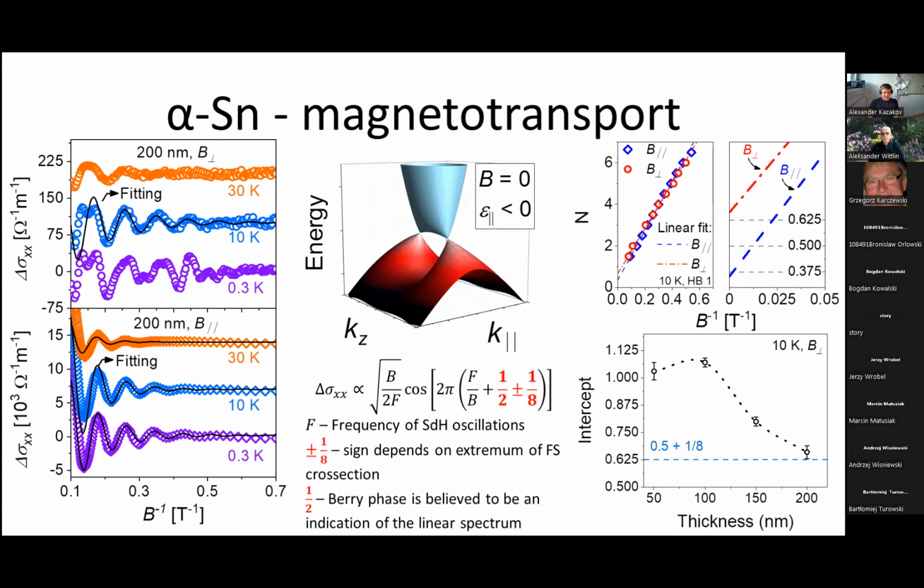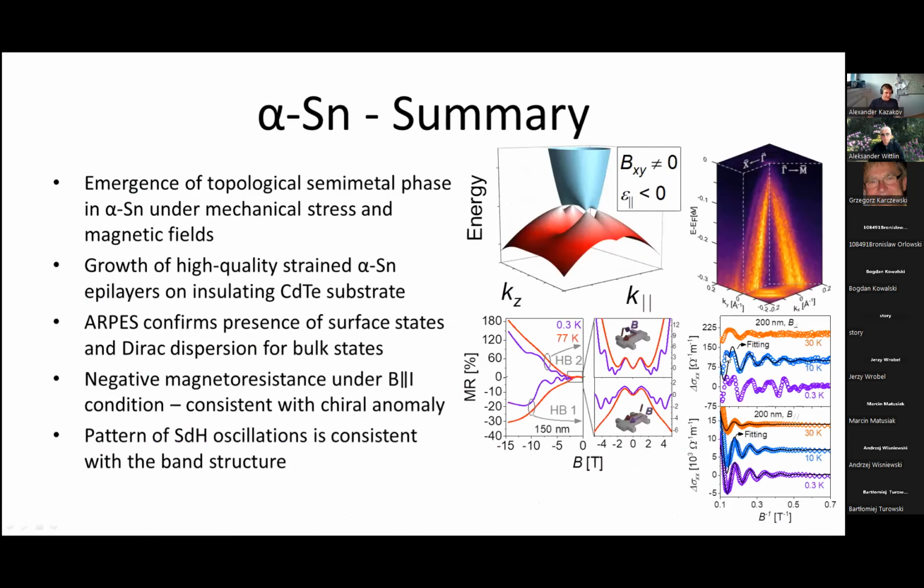The only thing we do not quite understand is that the Berry phase, this 0.5 phase shift, depends on the thickness, changing from no phase shift to pi phase shift for 200 nanometers. That's something we do not understand at the moment, so we're still thinking about it.